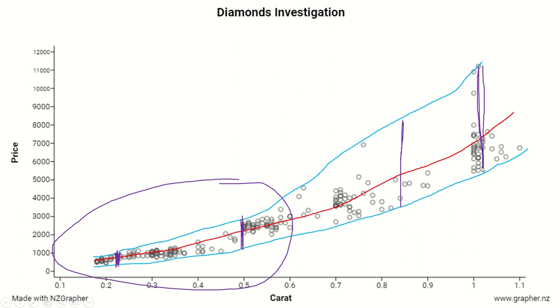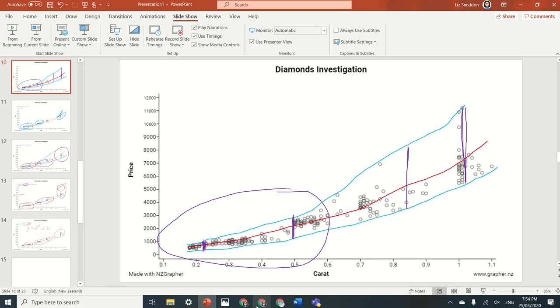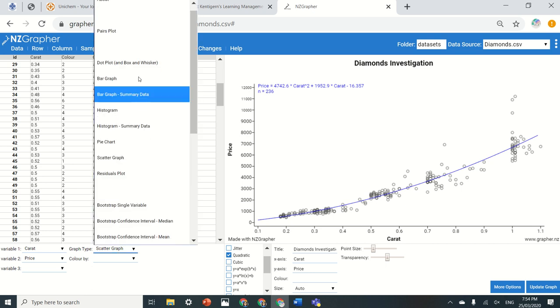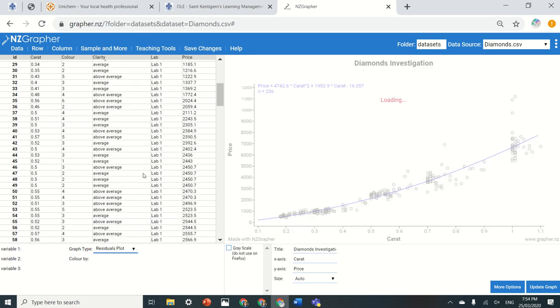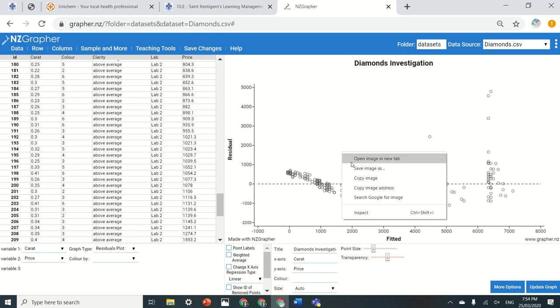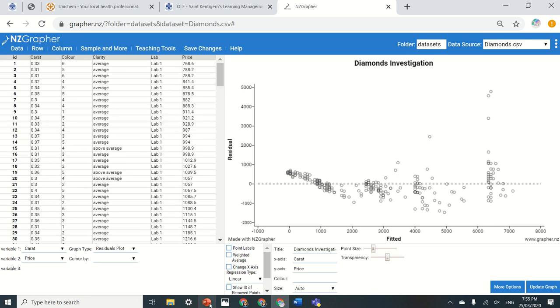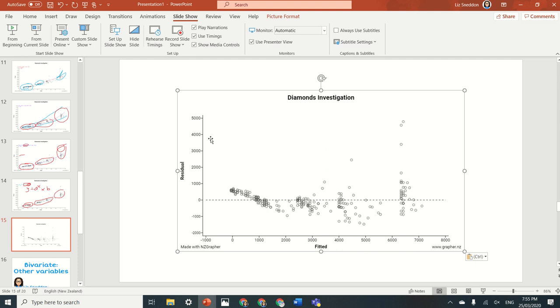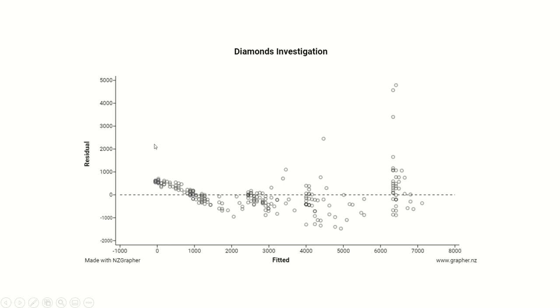The other thing that we can do, and let me escape out of that, jump back into my NZ Grapher here, I could change this from a scatter graph to my residual graph. And what I'm looking for there, let me copy that over into here, is when I draw my lovely little patterns on it.